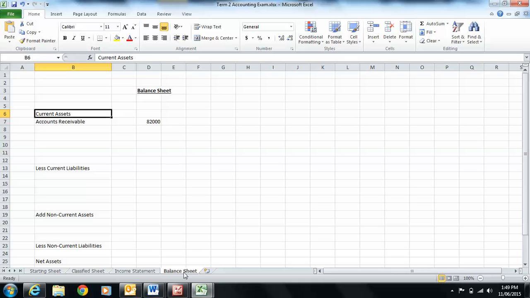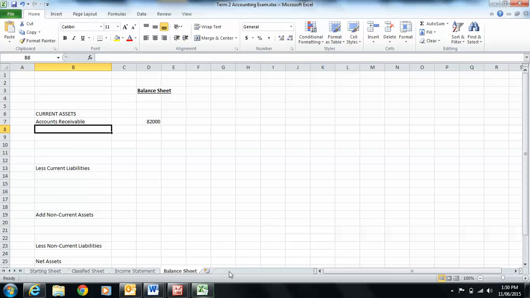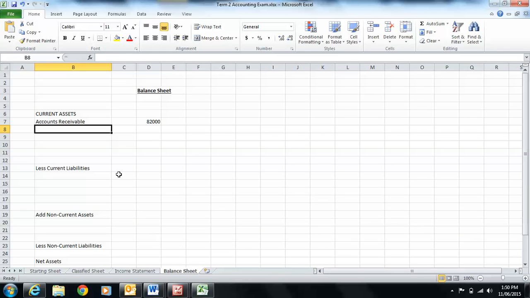That's obviously a good thing. Okay, the depreciation accounts are associated with non-current assets. Cash at bank is going to be a current asset, and we've got $33,000 there.